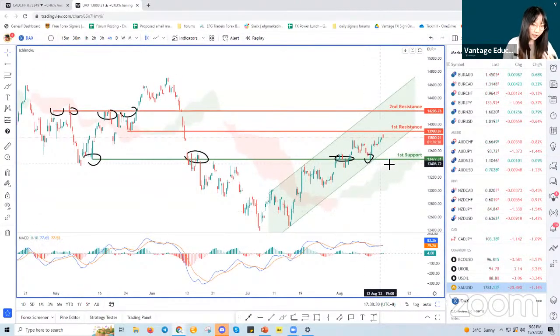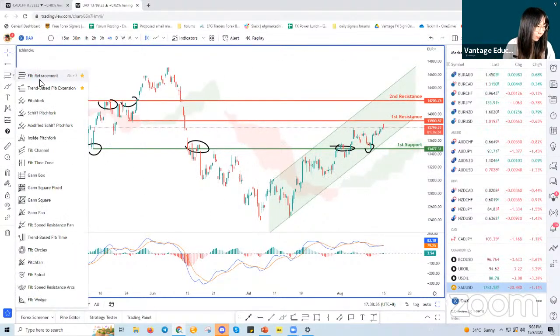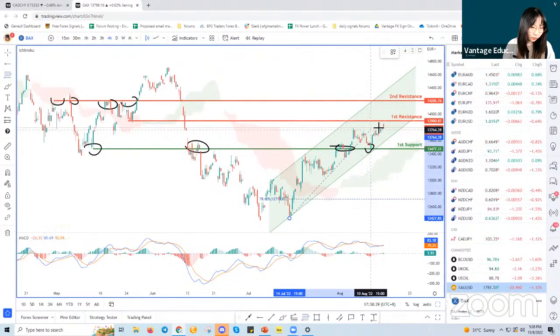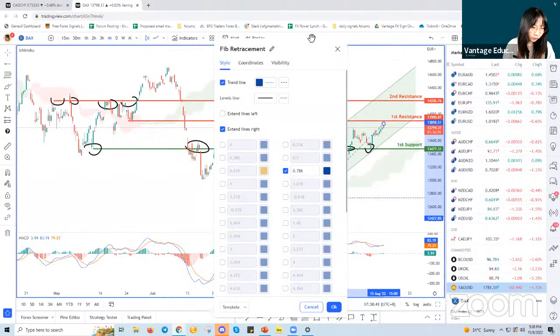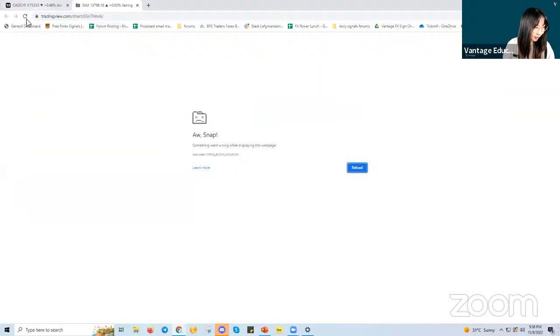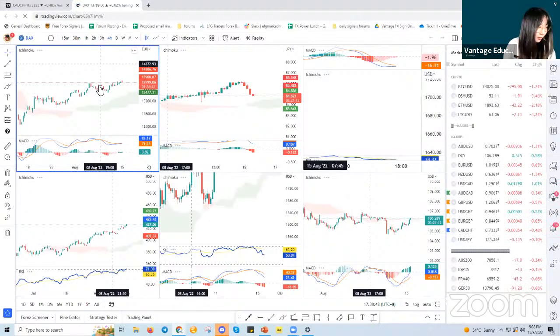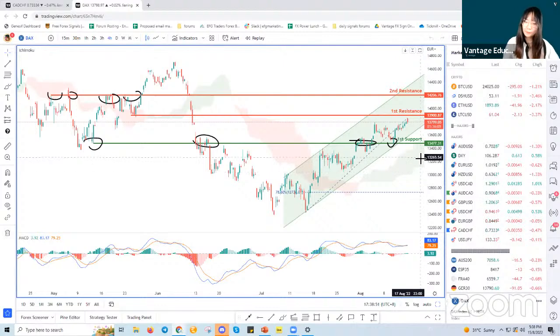Now let's try to find some Fibonacci levels to help our analysis. I think there's something wrong with my screen. Okay, let's go back.